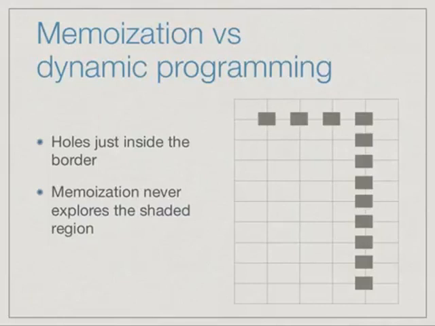But what dynamic programming does is to evaluate every value regardless of whether it's going to be useful for the final answer or not. In the grid pathing, there is one situation where we can illustrate this. Imagine that we have these obstacles placed exactly one step inside the boundary. Now if you want to reach this, it's very clear that I can only come all the way along the top row or all the way up the rightmost column.